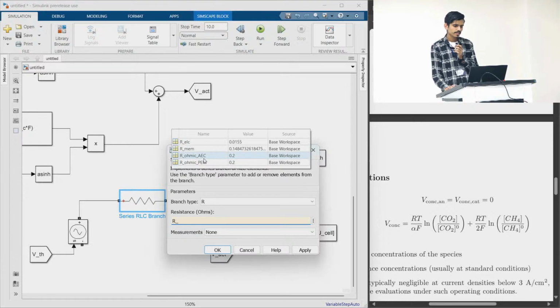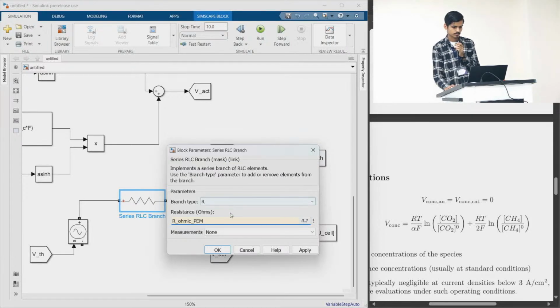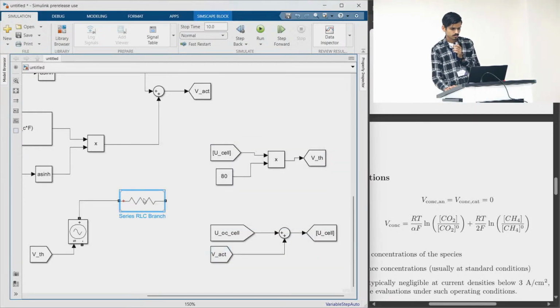No ma'am, we will define it from the .m file itself. Or if you want, you can give 0.2.